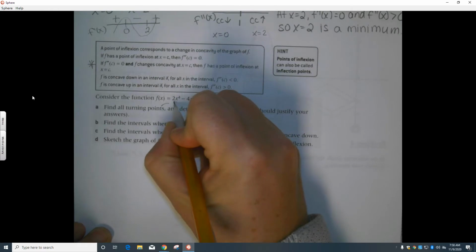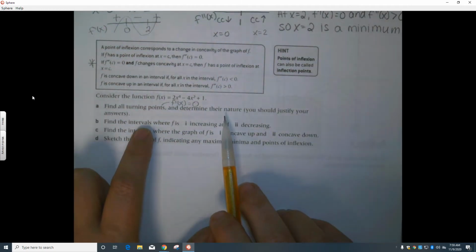So just before we get started, turning points. In order to do that, I need to do the derivative, and I'm going to set it equal to 0. To find their nature, I can either do the second derivative test or the first derivative test. But since I see in part B, I want to know increasing and decreasing, again, that's first derivative.